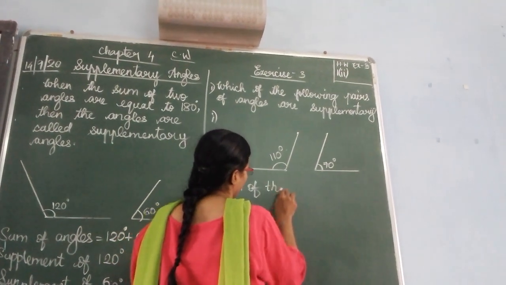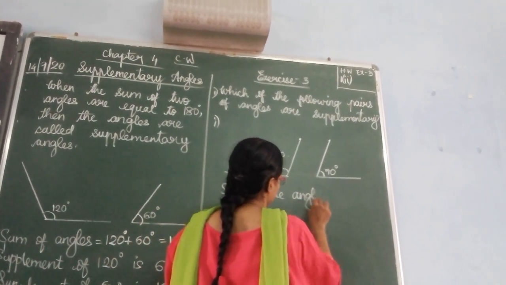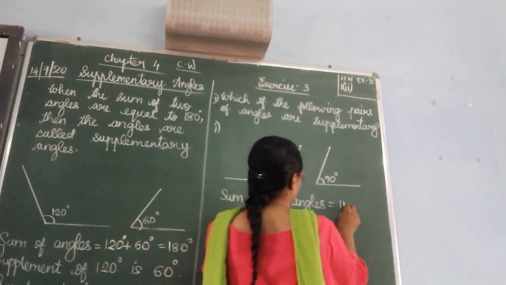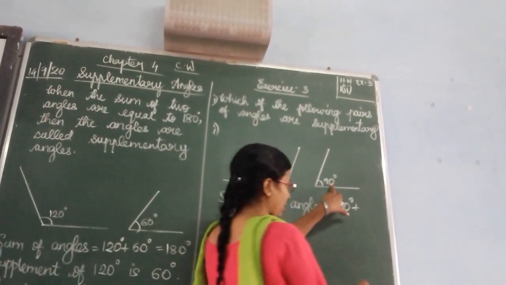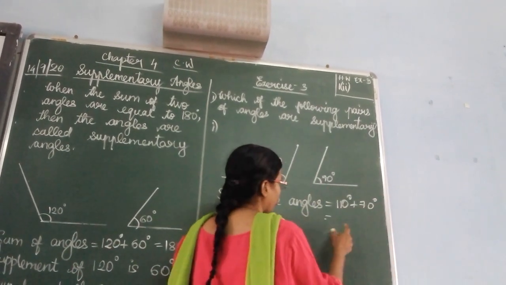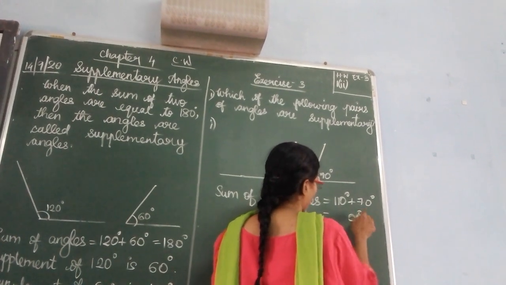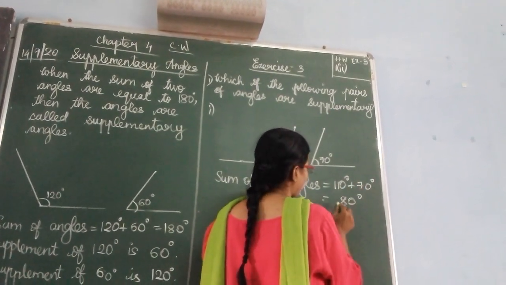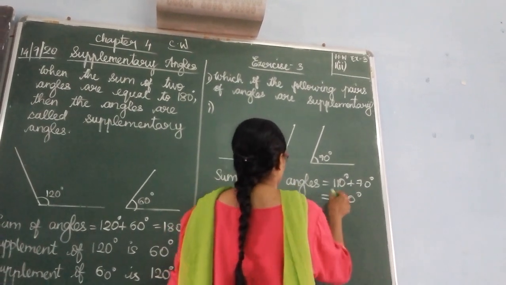Very good. The sum of the angles is equal to, how many degrees here? 110. Good. 110 degrees plus, what is this? Yes, 70 degrees. Add both of them. 0 plus 0 is 0. Tens place, 7 plus 1 is 8. In the hundreds place you don't have anything, so it's 180 degrees.